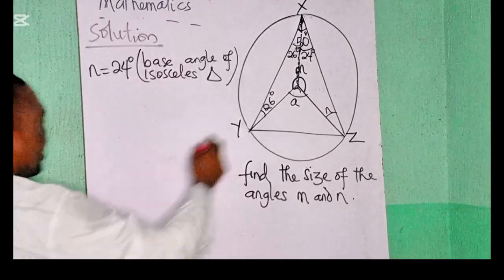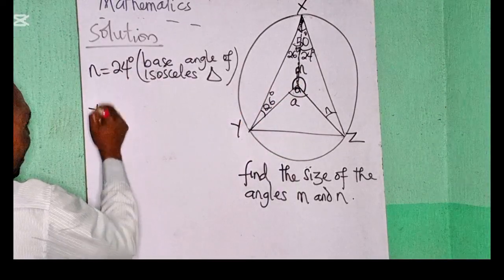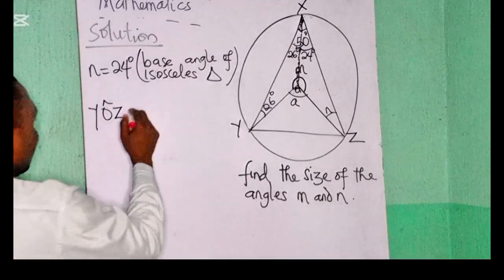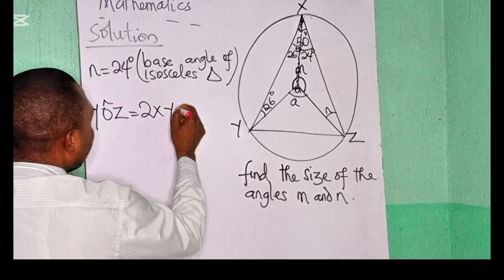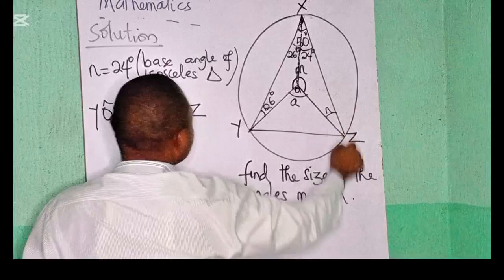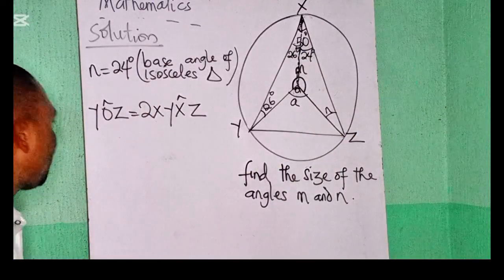So I can write this by saying here is O, so I can say YOZ, that is the angle at the center, is twice the angle at the circumference, which is YXZ. So YXZ is the angle at the circumference, which is 50 degrees. Am I communicating?